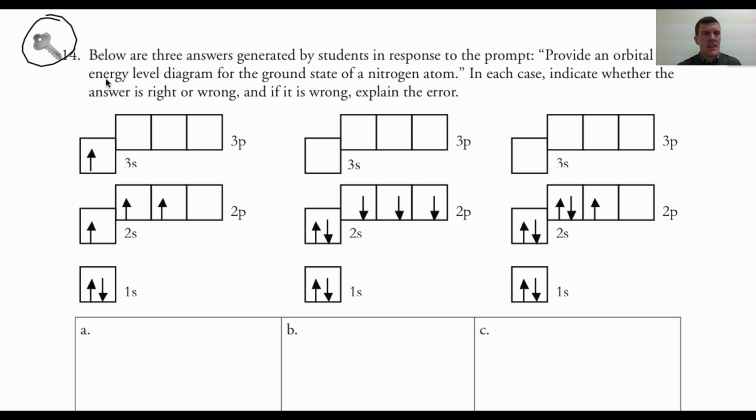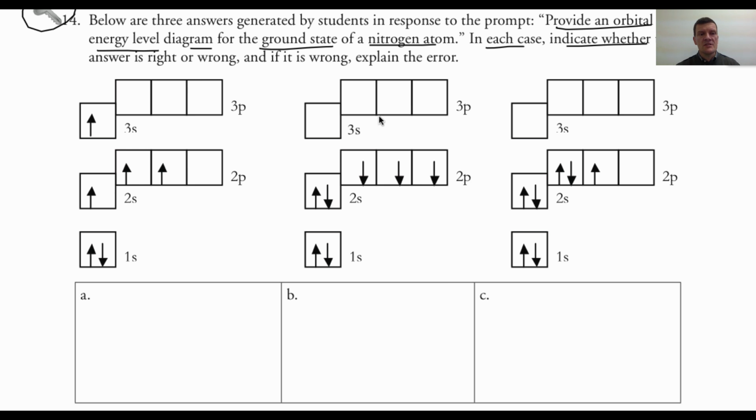Let's not miss this. Below are 3 answers generated by students in response to the prompt. Provide an orbital energy level diagram for the ground state of nitrogen atom. In each case, indicate whether the answer is right or wrong, and if it is wrong, explain the error.